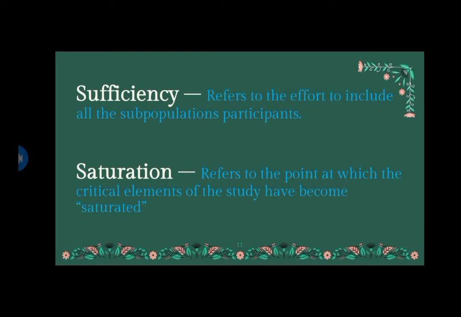Sufficiency refers to the effort to include all the subpopulations involved. Researchers should include two or more participants in demographic categories, for example race, gender, age; contextual subgroups, for example first-year, sophomore, junior, and senior high school students; and location, for example on-site and remote site workers.